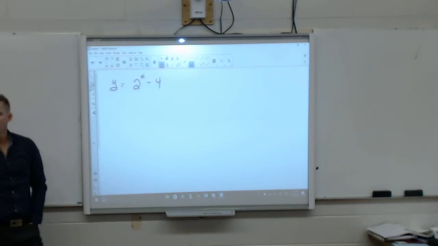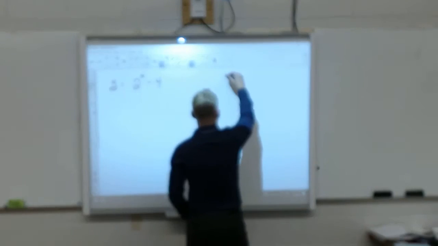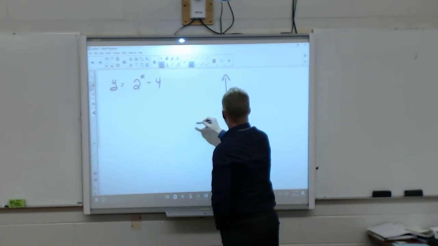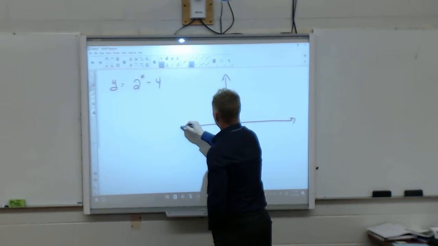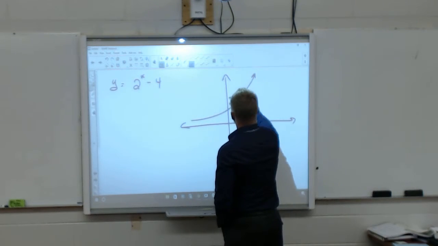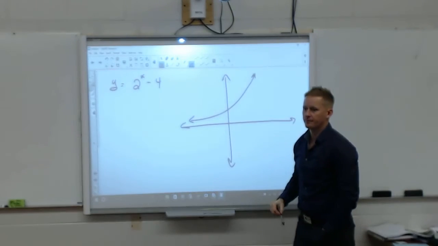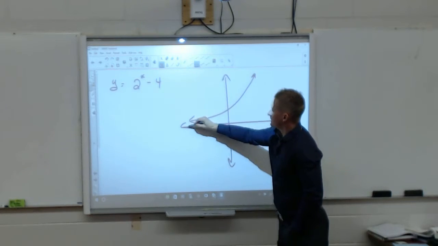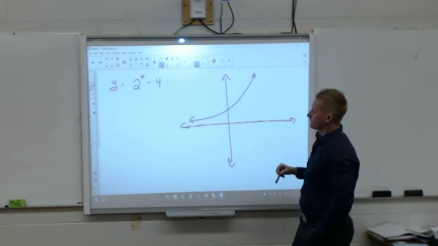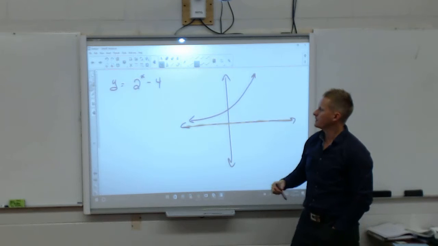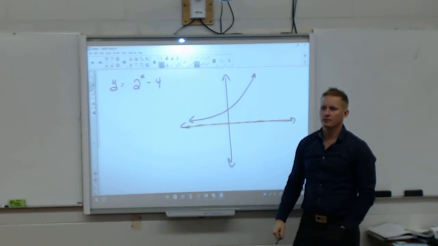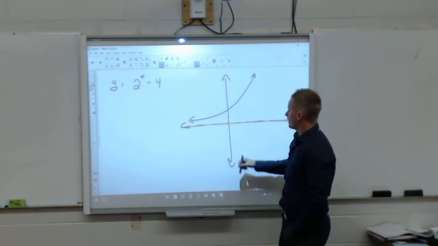Okay? So where does my 2 to the x go? Get your workbooks ready. There's 2 to the x right there, right? With an asymptote right here. Okay? Now what do I do with my 2 to the x graph? Move it down 4.